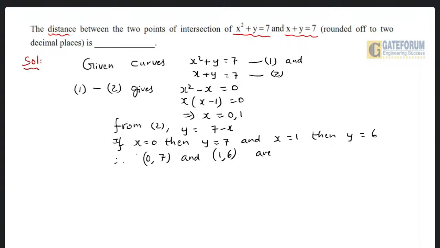Let us denote this is A point and B point, the two points of intersection.